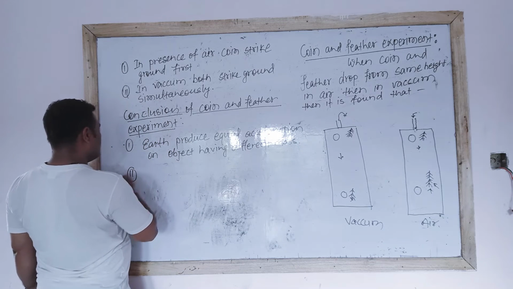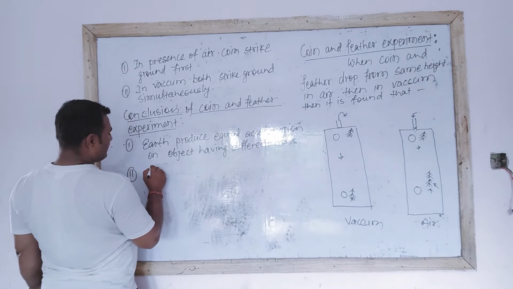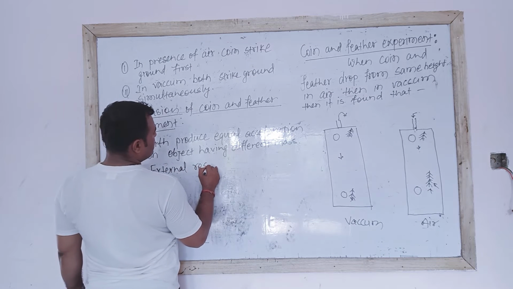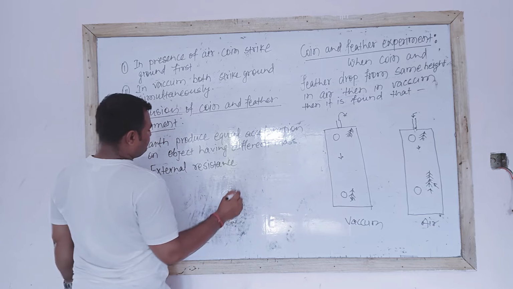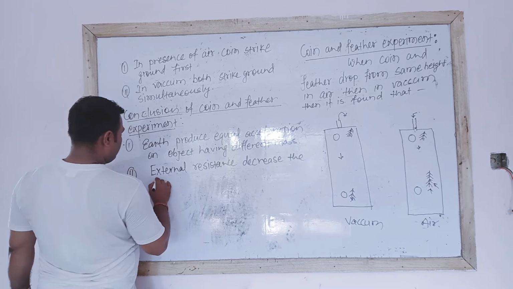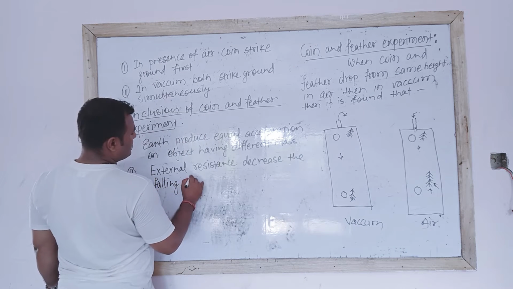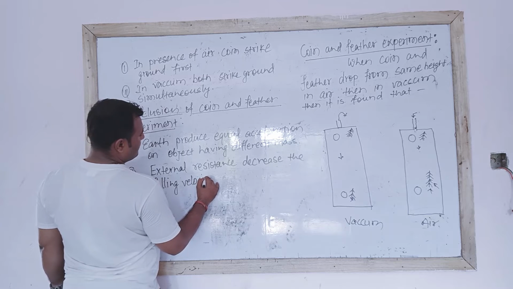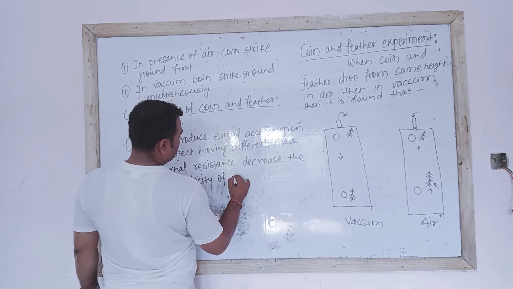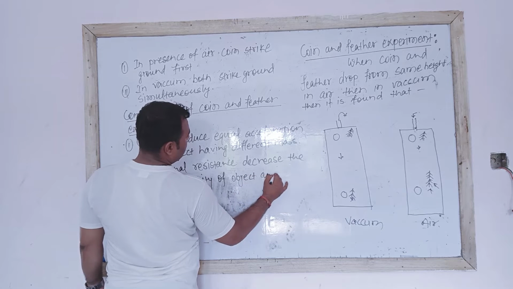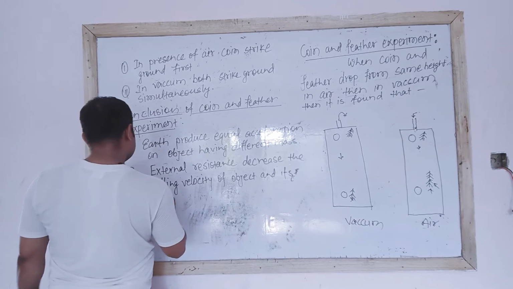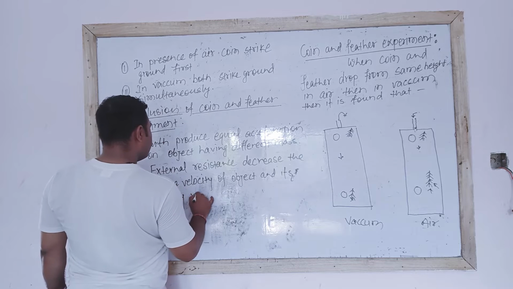Second, we concluded that external resistance decreases the falling velocity of an object and its velocity is retarded.